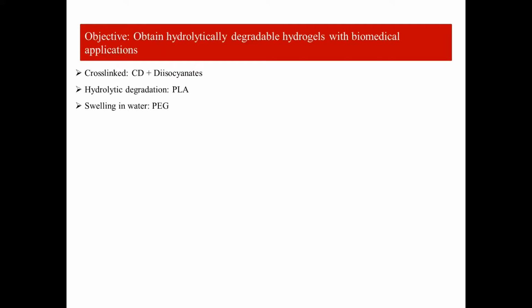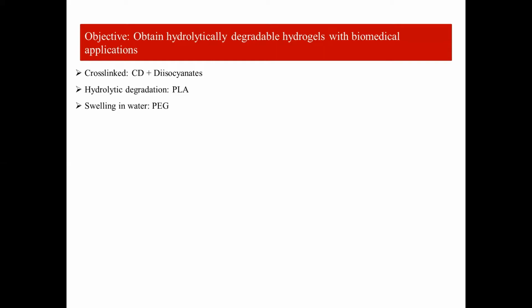The objective of this study was to prepare biodegradable polyurethane hydrogels, which may be achieved by cross-linking reaction between hydroxyl groups and isocyanate groups. Polylactide was introduced for its degradation properties and polyethylene glycol for its hydrophilic properties.